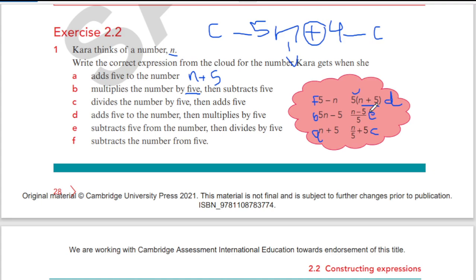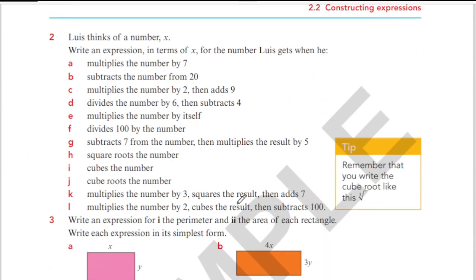Now we'll move to the next question, which is question number 2. In question number 2, we also have to make expressions. Louis thinks of a number x. In this question, the assumed number is x.